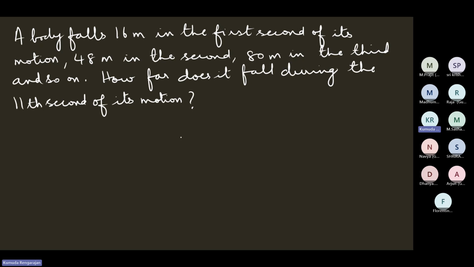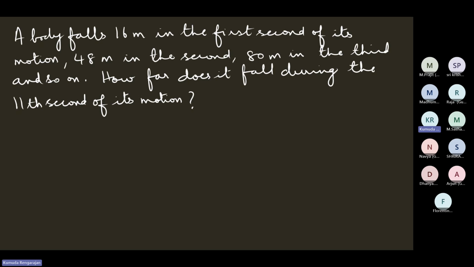So a body, meaning an object, falls 16 meters in the first second of its motion. So an object is dropped from a height. When it's dropped from a height, it covers 16 meters in the first second. Time, 1 second. In the first second, it covers a distance of 16 meters. In the next second, it covers a distance of 48 meters.